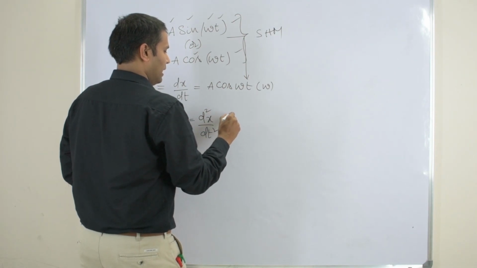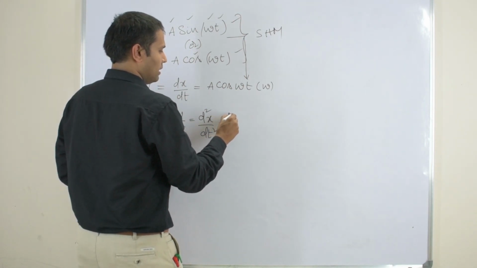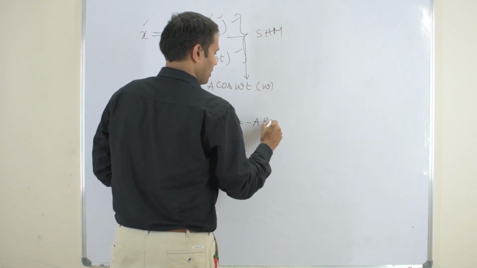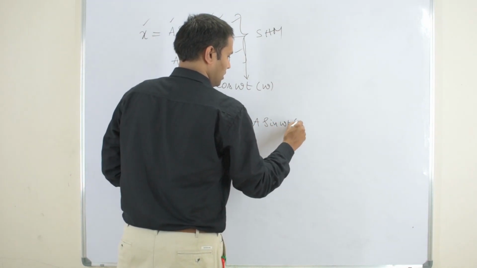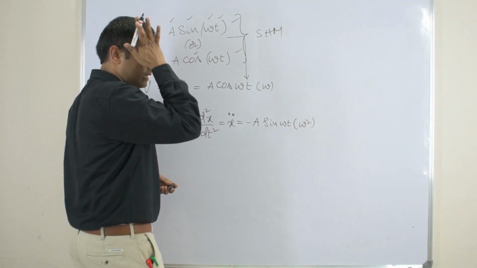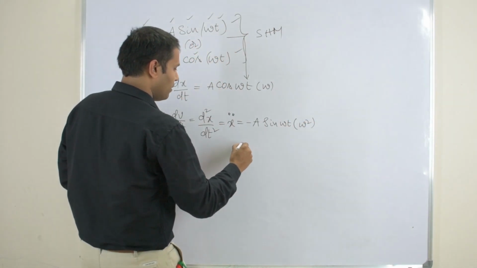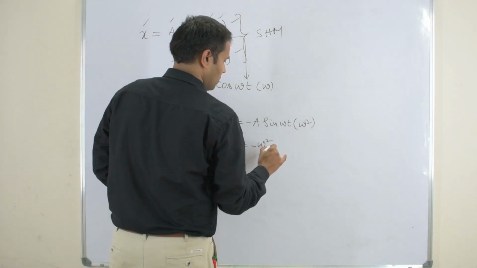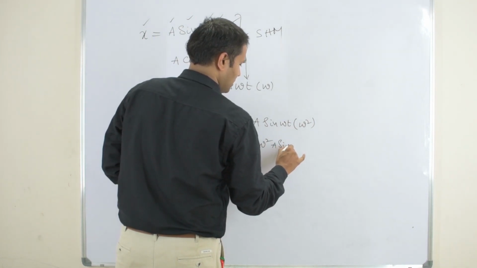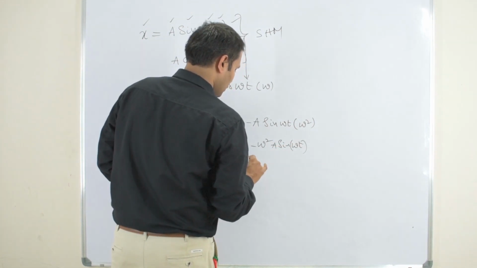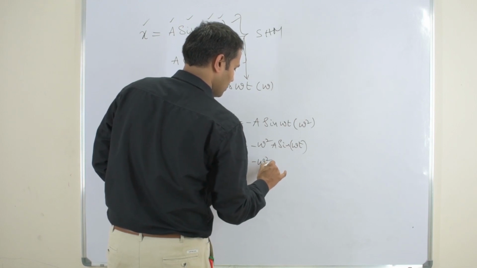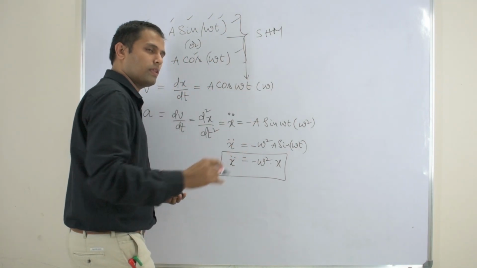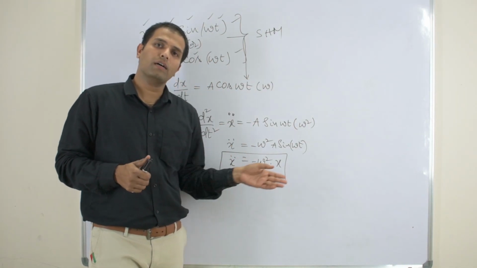I can write x double dot, that equals minus a sin omega t into omega square. I can further simplify this: x double dot equals minus omega square a sin omega t. So I can write minus omega square into x.